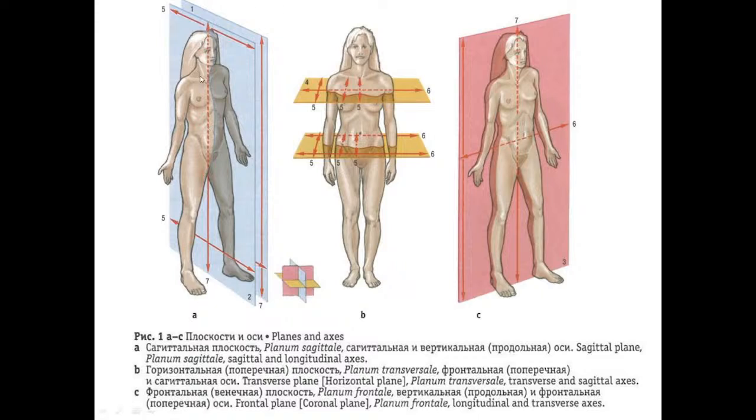This point located on the clavicle is medial. For example, the brachium is located lateral. This is medial, this is lateral. This is anterior, this is posterior, and so on.